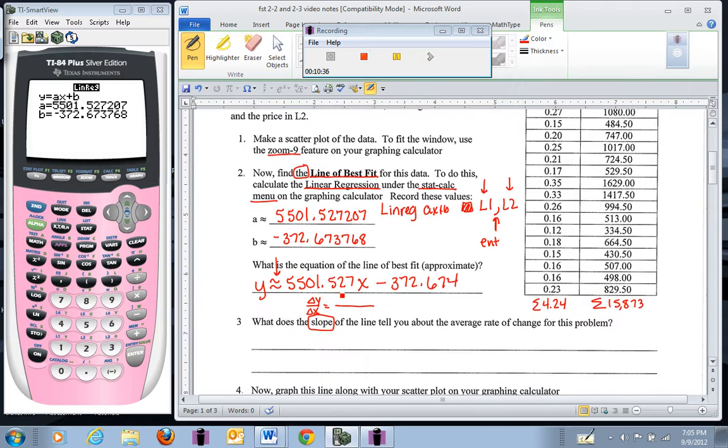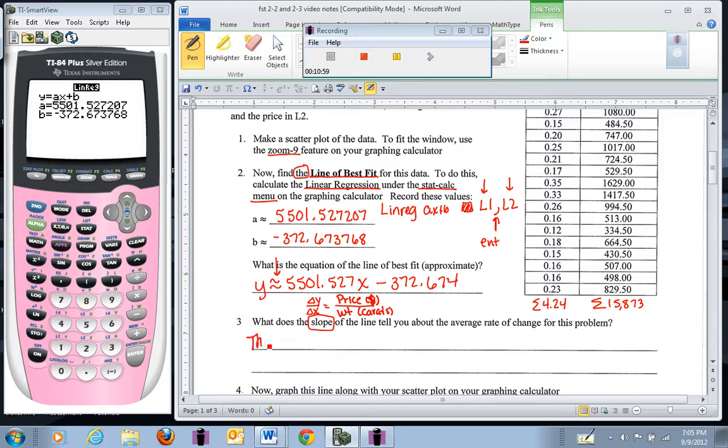So this would be price, that's our y, in dollars, and weight, which is in carats, right? So it's talking about the price per carat.